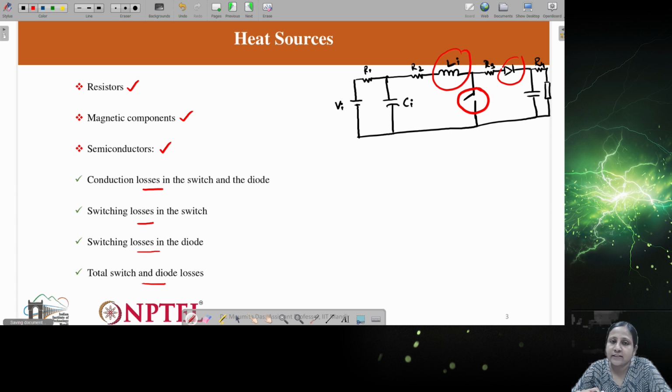So that I will discuss in details. So now at least you can understand what are the components which are going to affect the heat generation of any converter. And this heat generation is going to impact on the reliability.